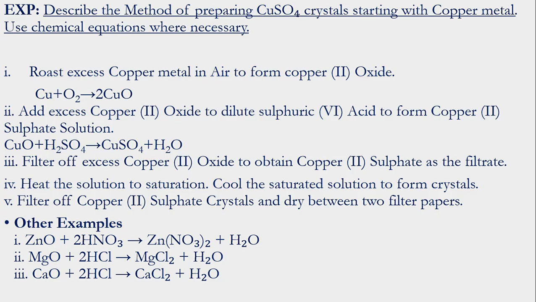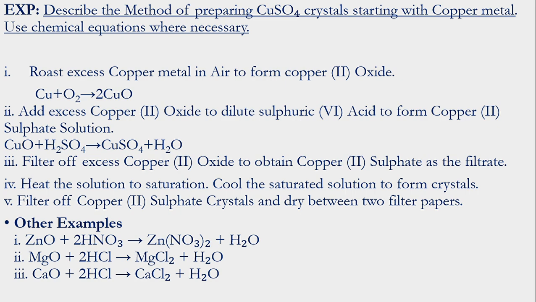So filter off the excess copper(II) oxide to obtain copper(II) sulfate as the filtrate, and the excess copper(II) oxide as the residue. Step number 4, heat the solution to saturation. Now we want to get the crystals. We cool to form crystals, and the last step, we filter off the crystals and dry between filter papers.